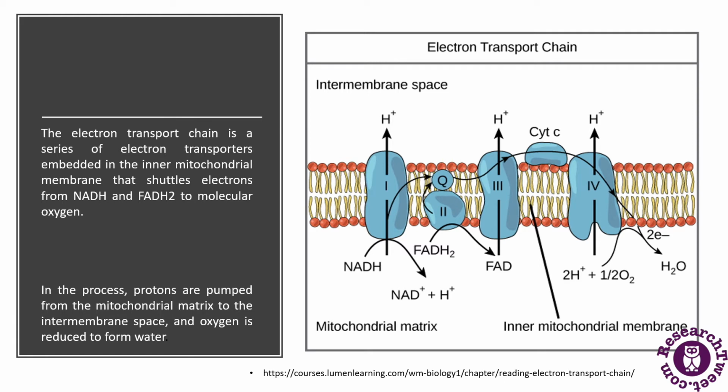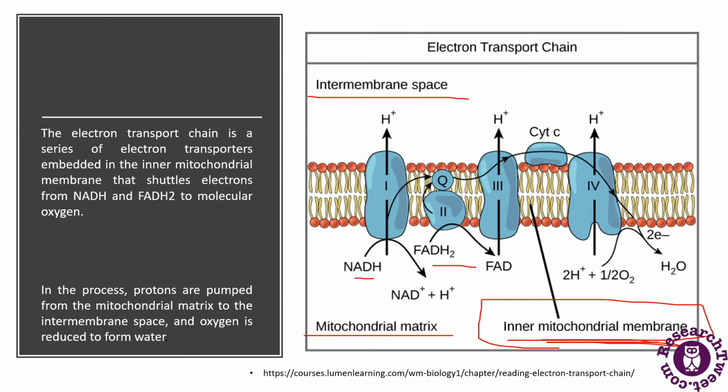Now this is a diagrammatic representation of the electron transport chain in the mitochondria. This is the intermembrane space and this is the mitochondrial matrix, and this which is labeled is the inner mitochondrial membrane. So it is a series of electron transporters embedded in the inner mitochondrial membrane, and the electrons from NADH and FADH2 are transferred to molecular oxygen.